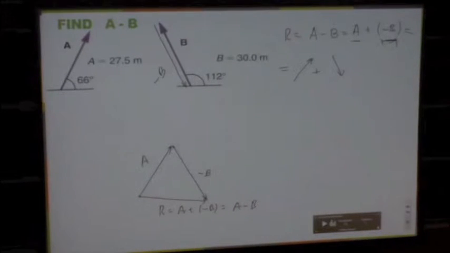Any questions? So whenever we need to subtract vectors, we convert subtraction into an addition. And we know everything about addition now. So if we have to calculate, for example, the magnitude of this resultant, this doesn't look like a right triangle, so we have two options. Number one, we can make as many right triangles as we want by just drawing a perpendicular.